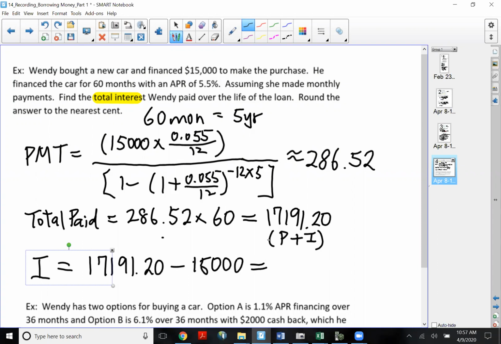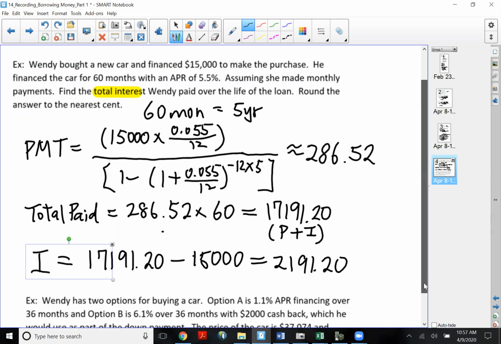That tells me the interest I pay is $2,191.20. You can give this a try. You know how much your car cost when you first purchased it. Take your monthly payment times however long you're supposed to pay, and then subtract off what you financed. That will tell you how much interest you will end up paying.